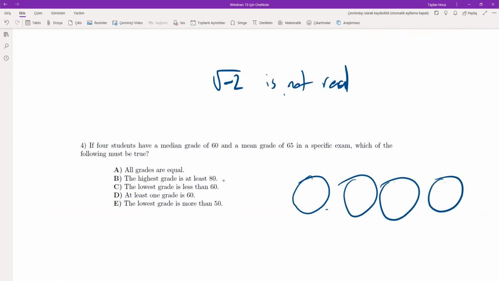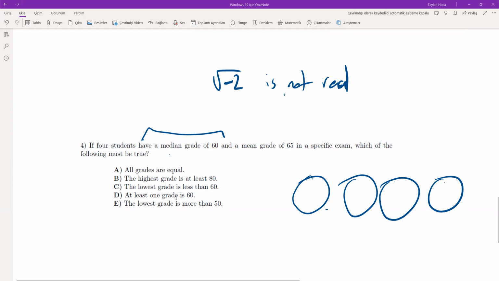4 students. So, someone, please, would you tell me, what does a median grade of 60 mean here when we have 4 students? Please tell me. Okay, Maria, I got your message.